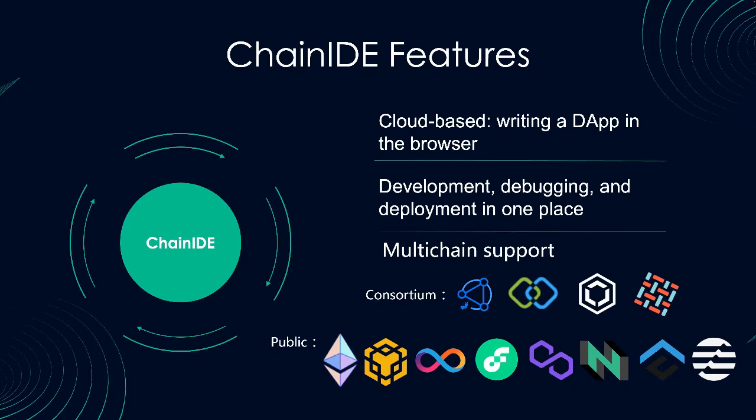Blockchains are divided into many categories, like consortium chains and public chains. For consortium chains, we support Ant Blockchain, ChainMaker, and Hyperledger Fabric. For public blockchains, we support a majority of them, like Ethereum, Polygon, Flow, Definity, and Aptos. These are the most popular blockchains recently.